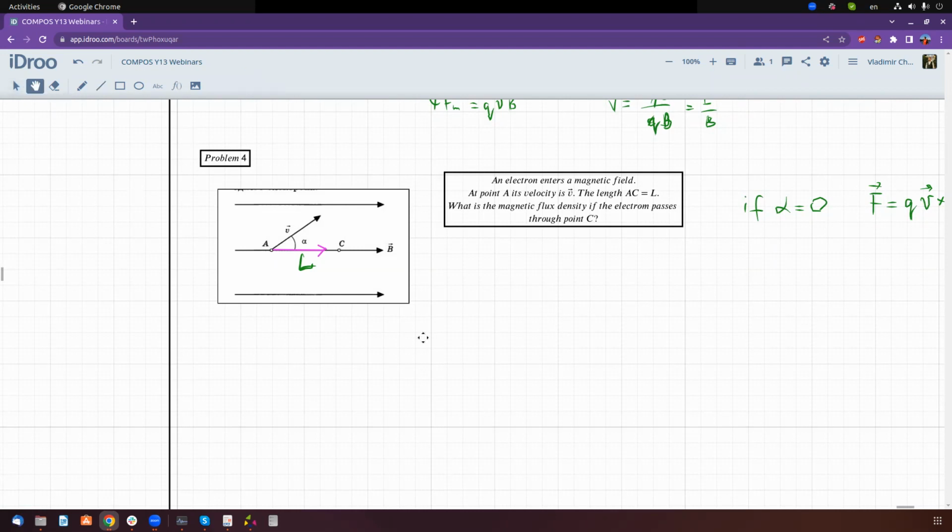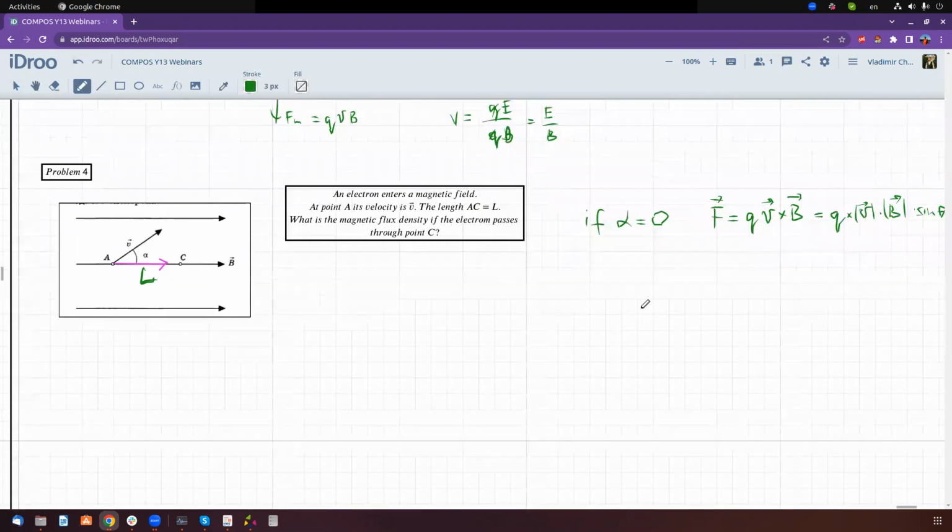What would happen if alpha was 90 degrees? If alpha was 90 degrees, how would it move?